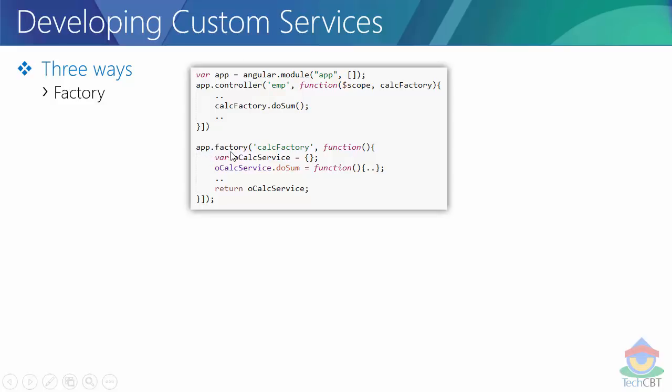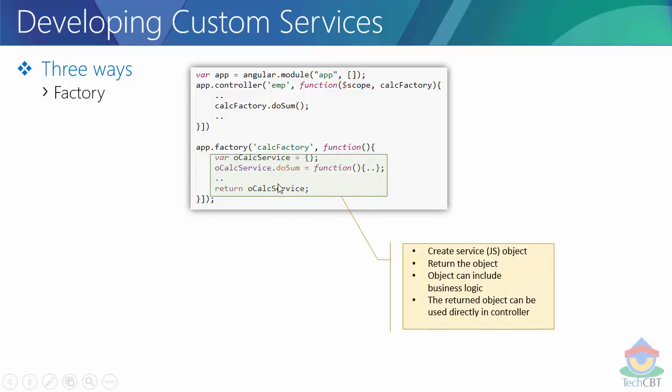So app.factory means you are going to define a unit of code, and that code is nothing but your service object. This service object, whatever you define here, can contain business logic, and that object will be returned finally to your controller in the form of a parameter. So this is important.